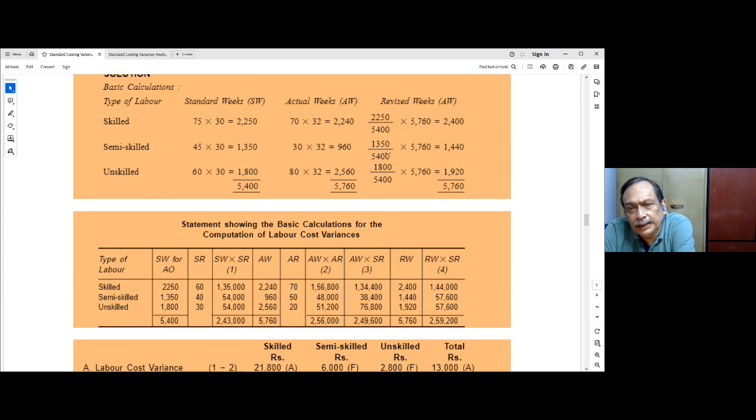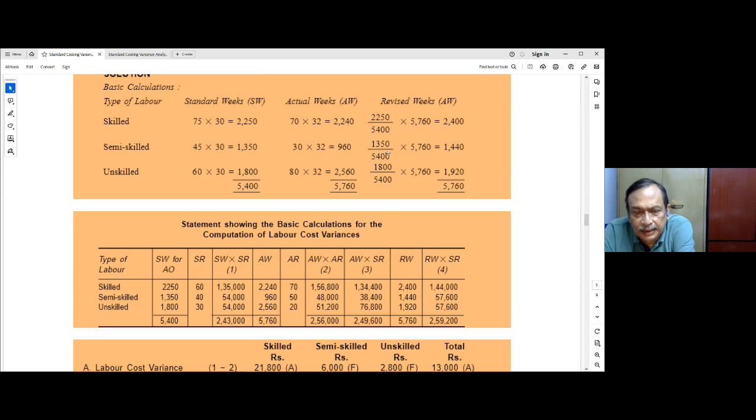Then actual weeks, we are having 2240, 960 and 2560. Total is 5760. And actual rate is 70, 50 and 20. Then AW into AR, let it be 2. We get 1,56,800, 48,000 and 51,200.